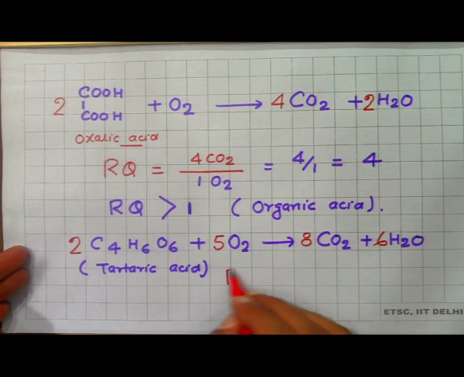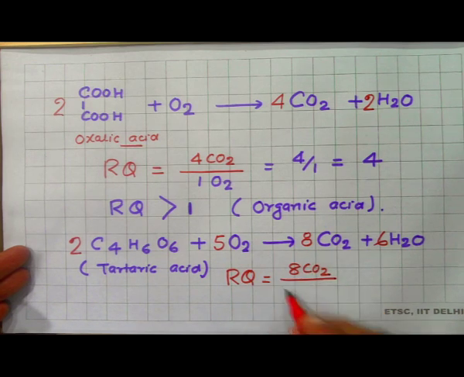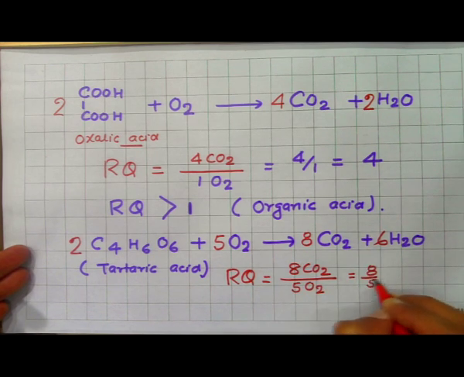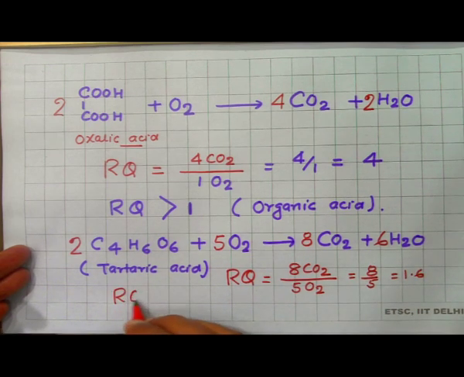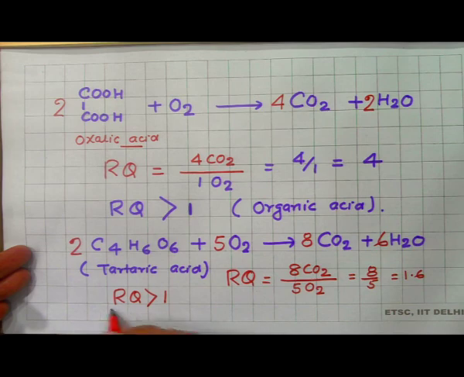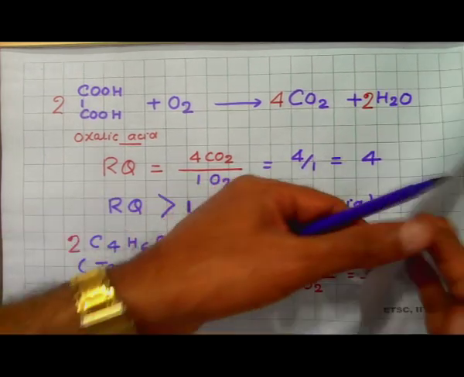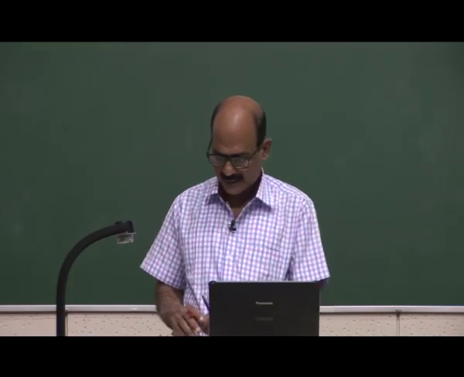Now, what will be the RQ? The RQ will be 8 CO2 evolved and 5 O2 consumed, that means 8 by 5, equal to 1.6. Here also RQ is greater than 1, that means the respiratory fuel will be the organic acid.